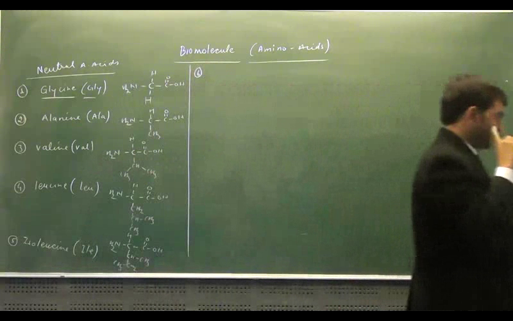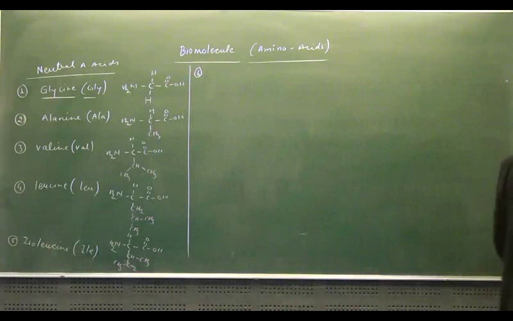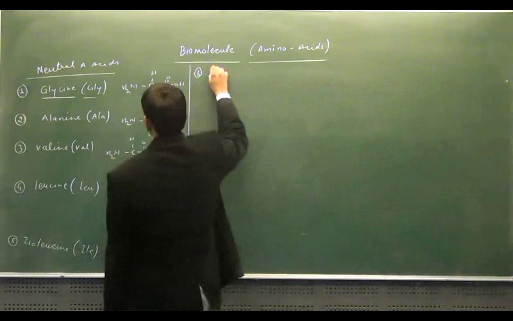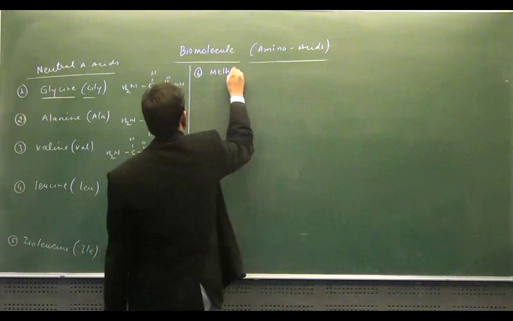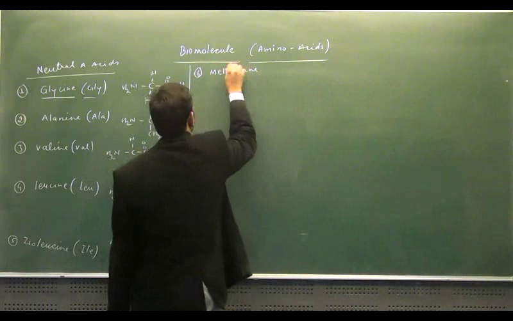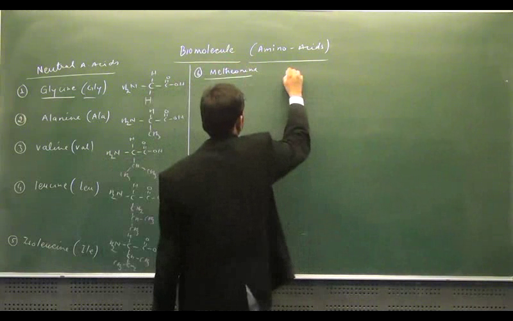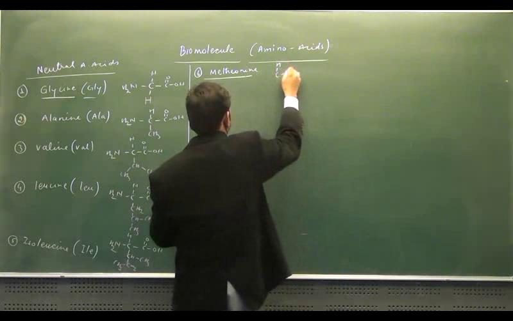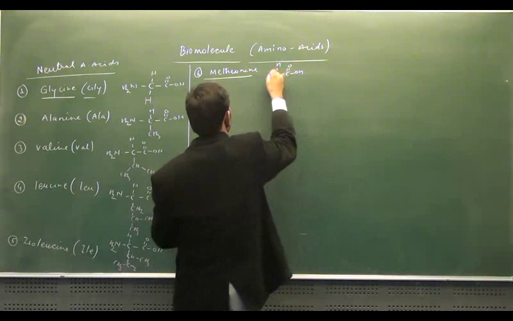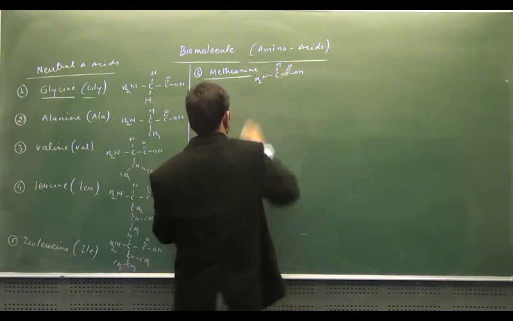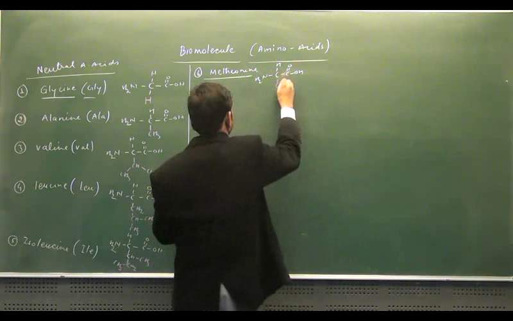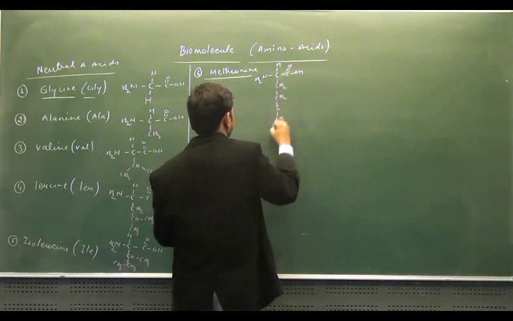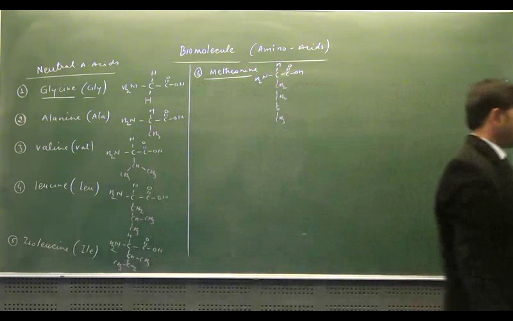Next, methionine. The sulfur containing side chain is CHCOOH, NH2, CH2, CH2, SCH3, or we can write only the side chain itself.